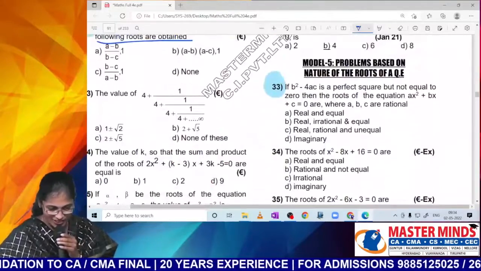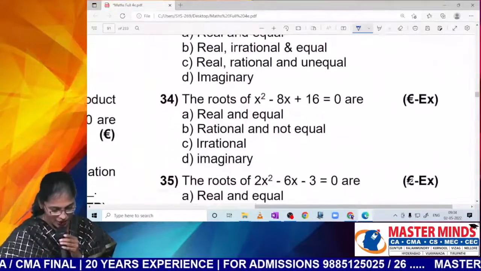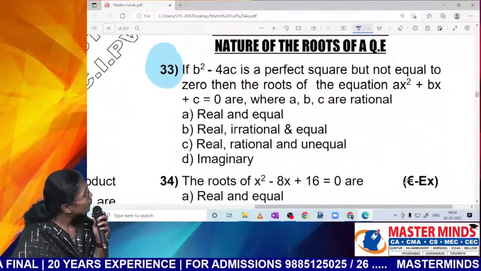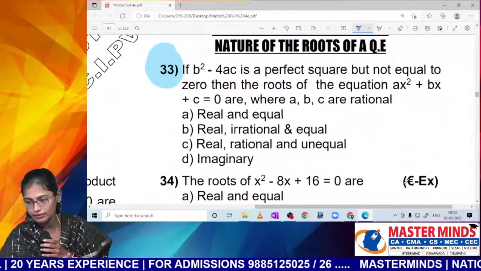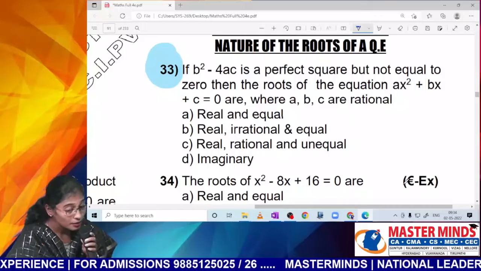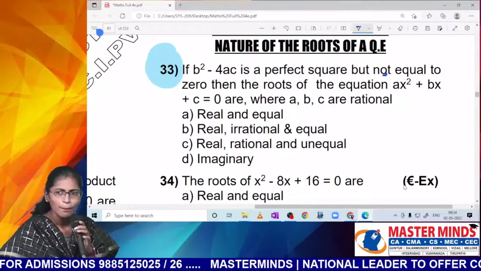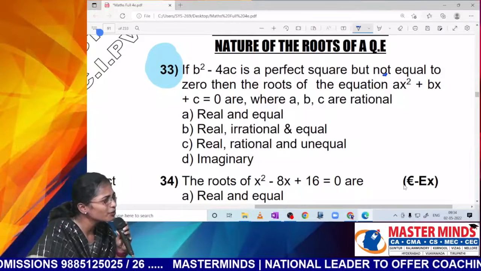So the next question is 33, which we already discussed. Can you please read out the question for me? B square minus 4ac is a perfect square. Perfect square means positive or negative?